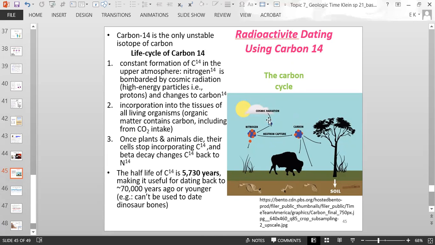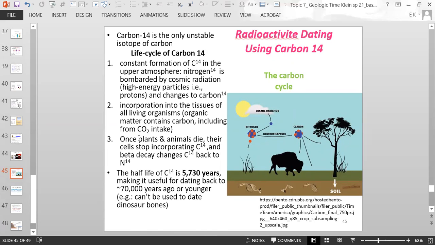And then organisms incorporate carbon dioxide through respiration. So organic materials have carbon, but any living organism is going to be constantly incorporating carbon dioxide into its cells and interacting with the atmosphere.